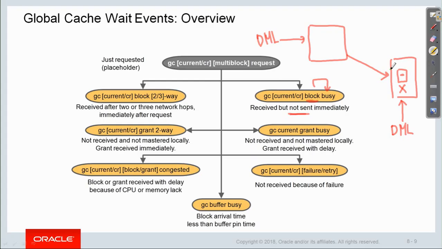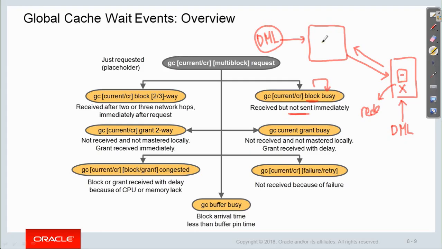Because a change was done, even though it is before the commit, what happened is, internally, in order to transfer the most current block back to the requesting instance, there must be something going on. There must be something done internally. For example, a redo that describes changes made to this block must be written to disk. Redo operation. Okay, flushing redo must be done. So until this internal job is done, this session must wait.